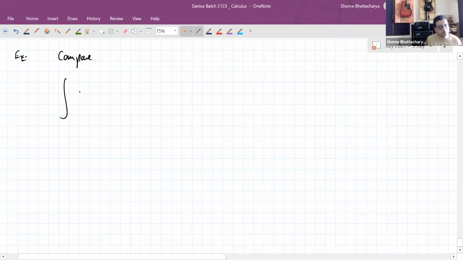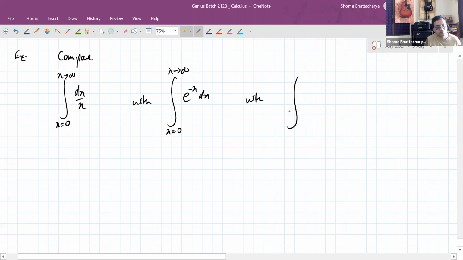Integration of dx by x from x equal to 0 to x tending to infinity, with integration of e raised power minus x from x equal to 0 to x tending to infinity, with this thing, e raised power x, from x tending to minus infinity to x equal to 0.